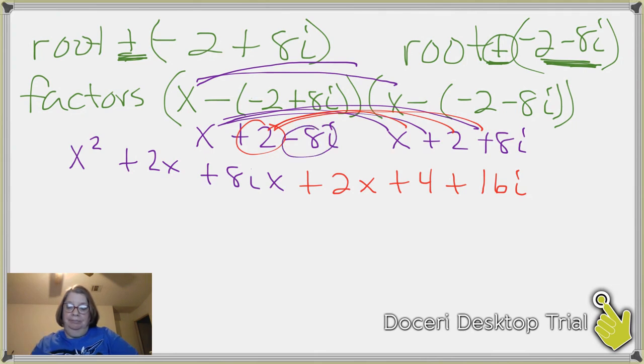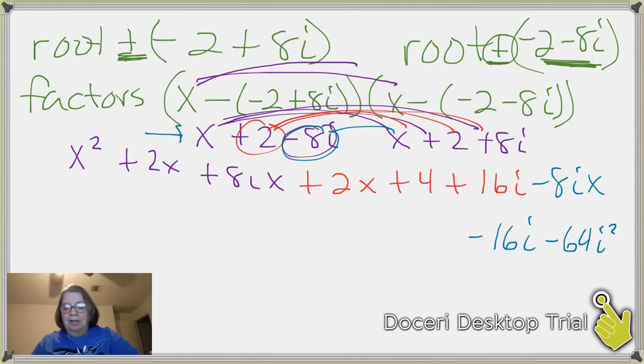Let's use a different color. Negative 8i times x, negative 8i times 2, and negative 8i times 8i is minus 64i squared. You see what I did here? I took care of these negatives and simplified inside those parentheses. Then I distributed each of these 3 terms times each of these 3 terms.